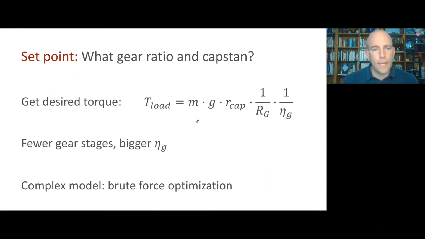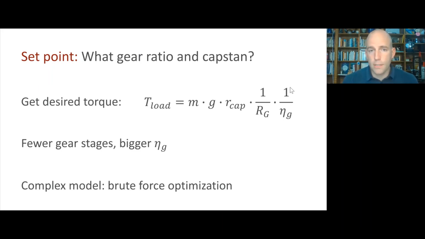So we know that the output torque from the gearbox will be the payload mass times gravity, that gives us a force, times the radius of the capstan, that gives us a moment, torque. And then the motor will experience a load that is proportional to that, modulated by 1 over the gear ratio and 1 over the efficiency of the gearbox.